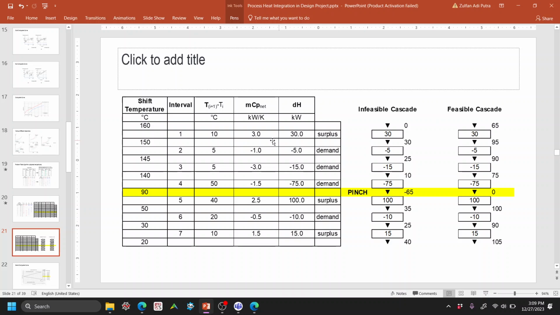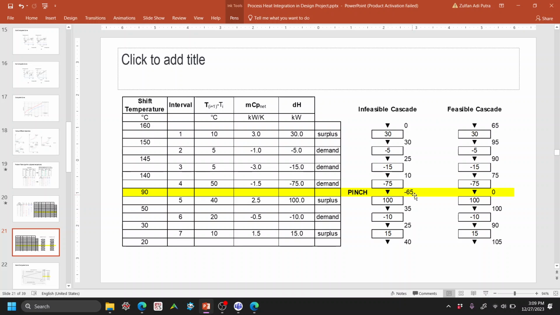In the interval 160 to 150, we have a surplus of 30, so we put 30. We have no external heat. And then in the next interval we have minus 5, so 30 minus 5 is 25, and so on and so forth, until we see the lowest value, which is minus 65.